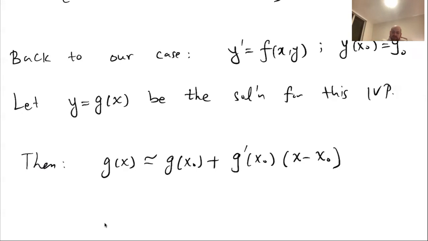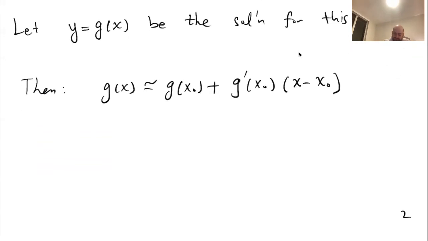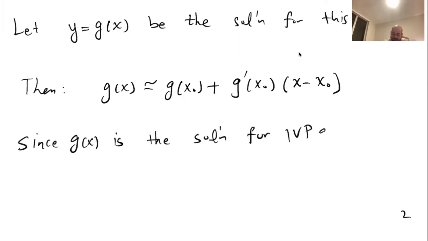See, g is the solution for this equation. So g prime of x naught is going to be f of x naught and y naught. Since g of x is the solution for the IVP above, we can say that g prime of x naught is equal to f of x naught and y naught.